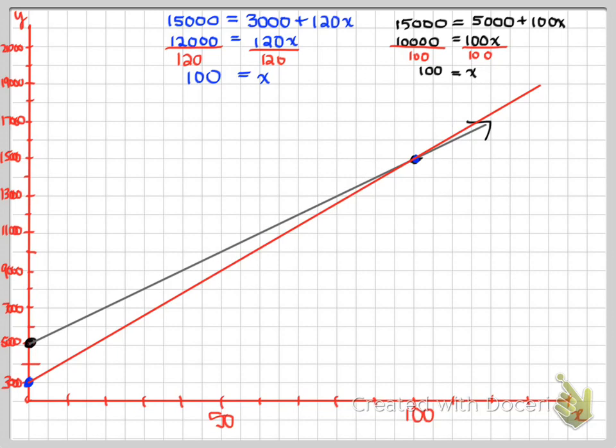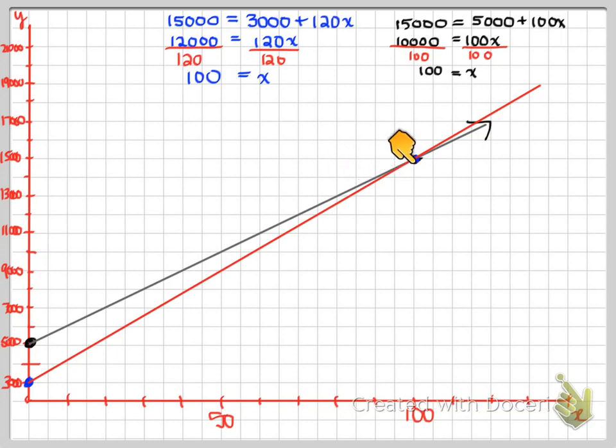So let's look at which deal is better and when. In this case, what we'll see is that the red one, the red one being Osage Hotel, is actually cheaper up to 100 guests. So it's consistently cheaper up to $15,000. So Osage Hotel is the better deal up to $15,000.